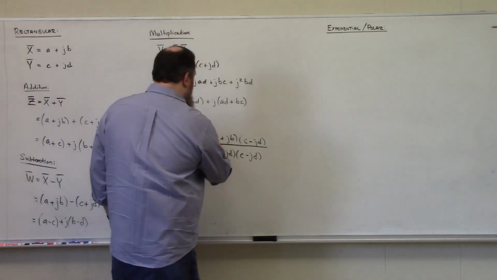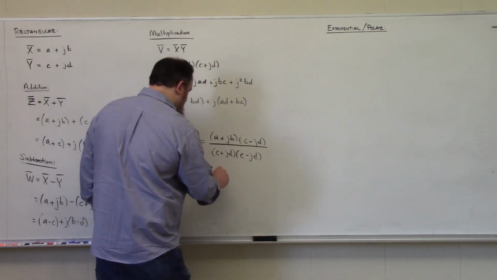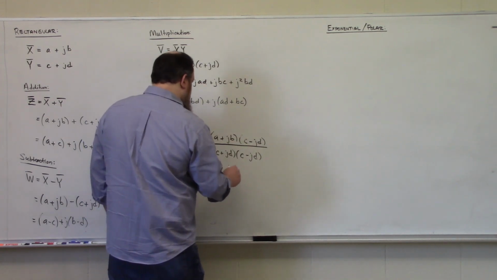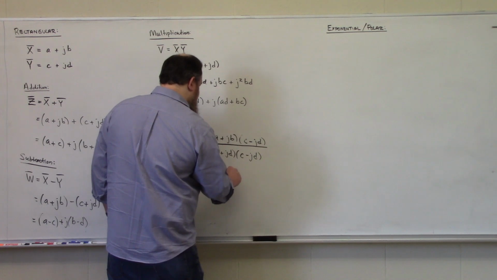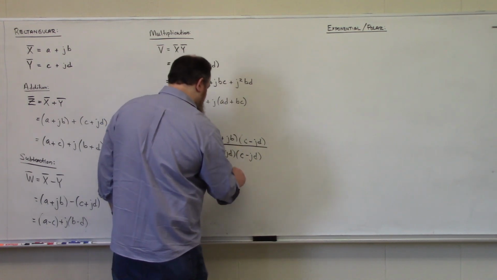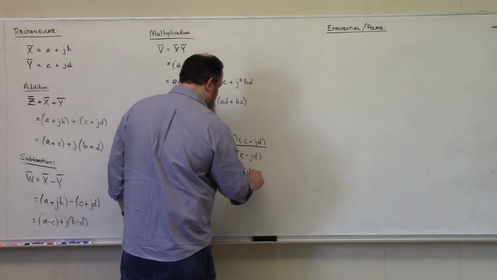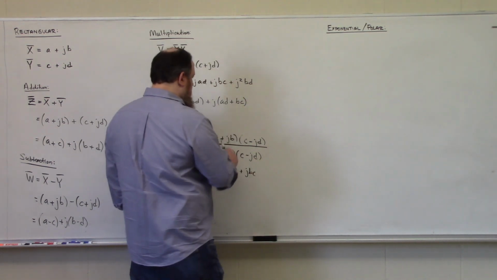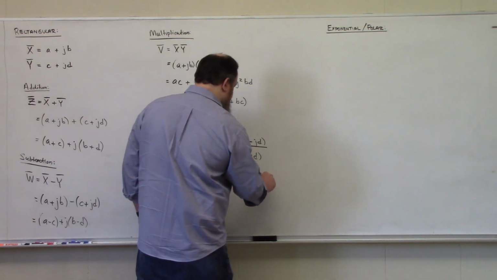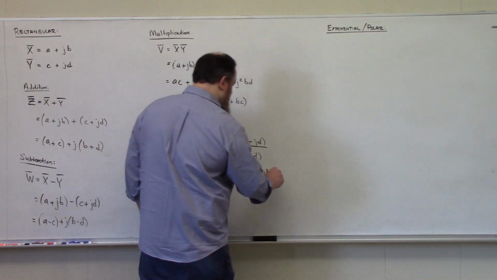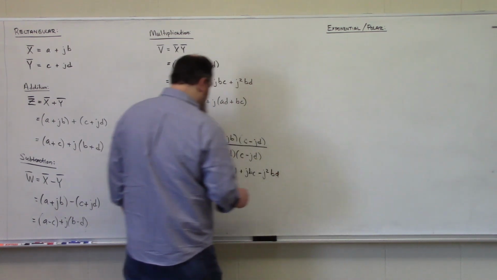So this is going to give me AC minus jAD plus jBC minus j squared BD.